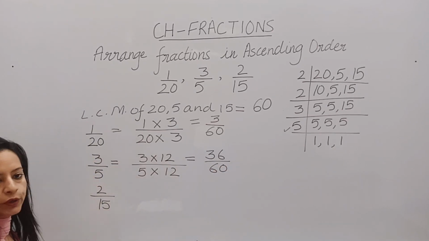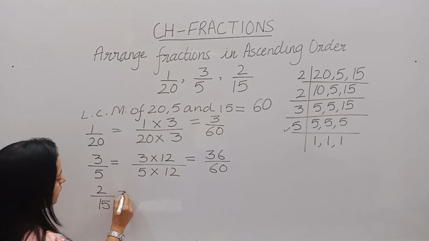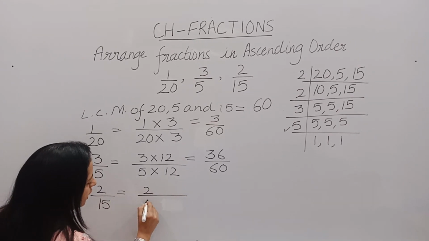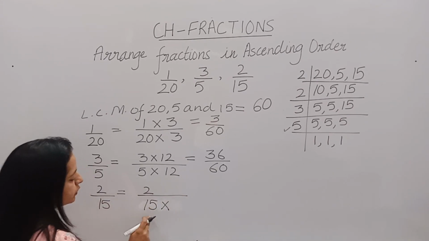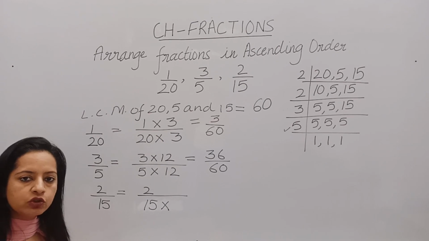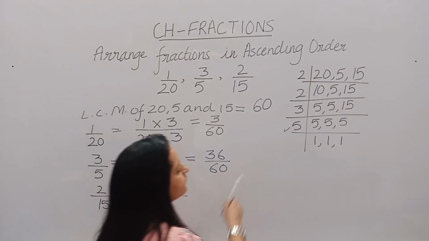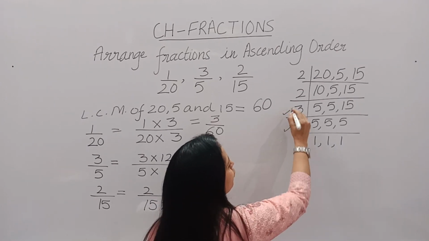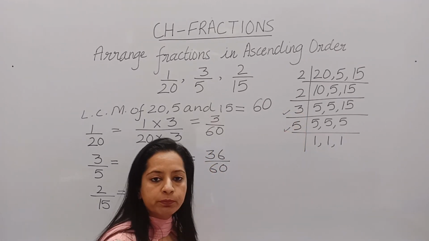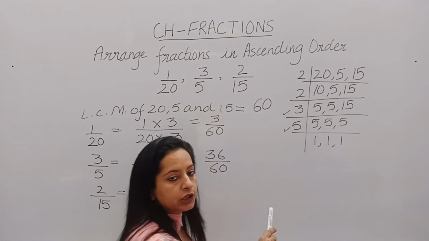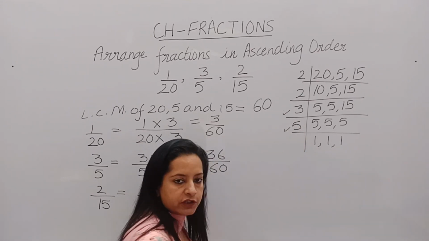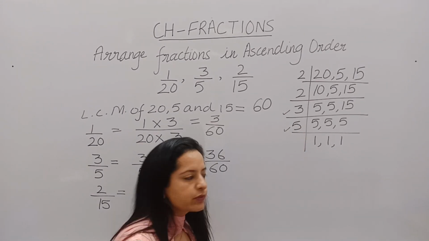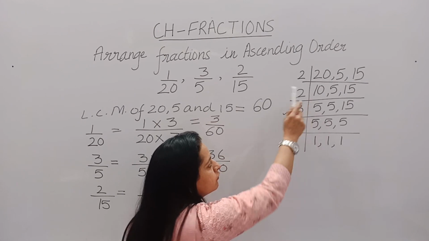Next we have 2 upon 15. Now with which number shall we multiply 15 to get 60? Here if you see, we have got 5 3s that is 15. So I am putting a tick on both, on 3 and 5 both, because 3 5s are 15. The remaining numbers we will multiply. 2 4s are 8.